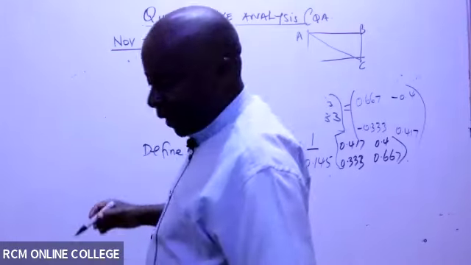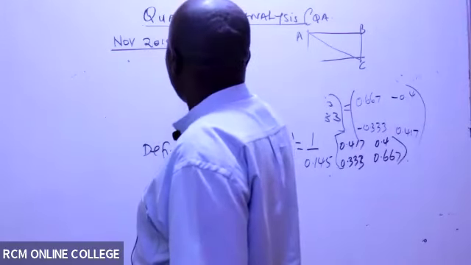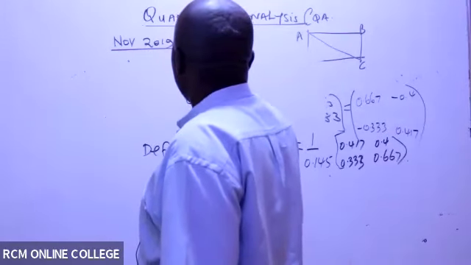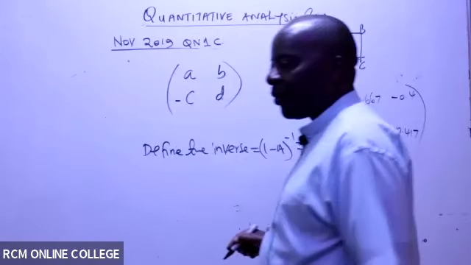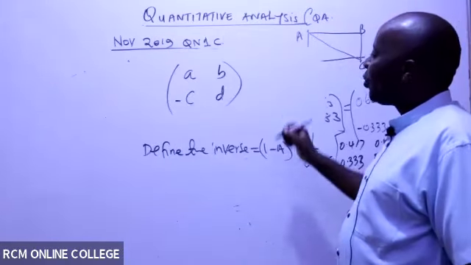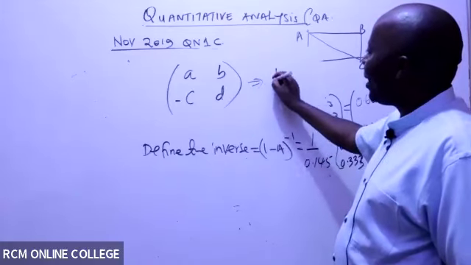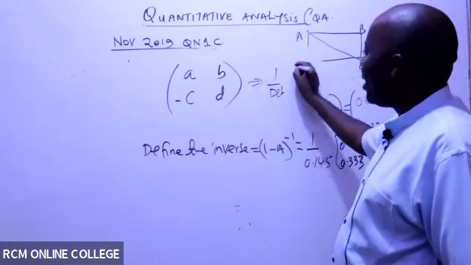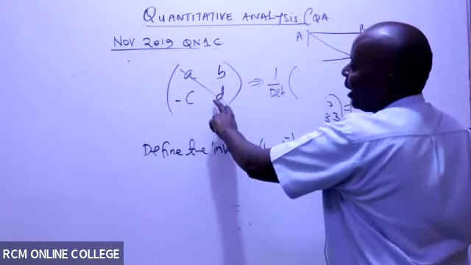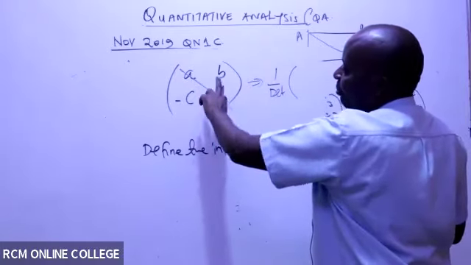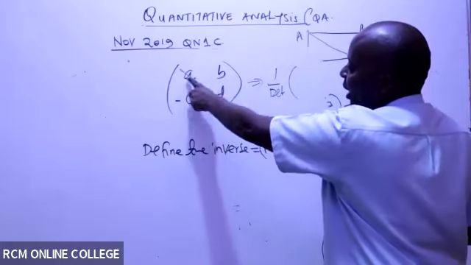If you have a matrix like, for example, A, B, C, D, assuming that this is a negative, then to get the inverse, I will come and say 1 over the determinant into, this is primary. Primary elements, what do we do? We swap them. So D goes there, A comes here.